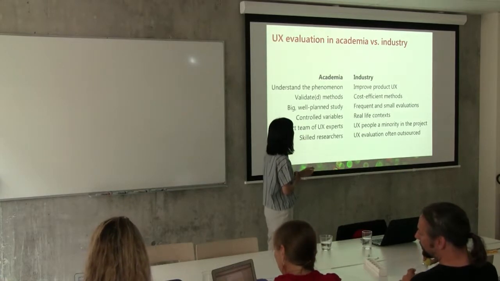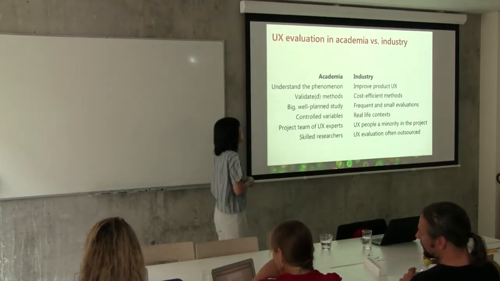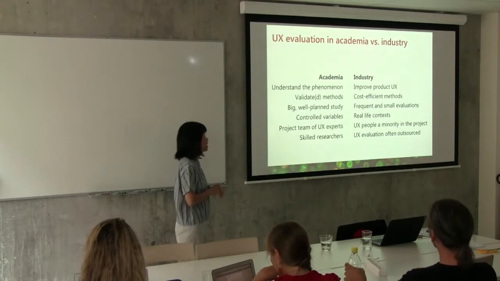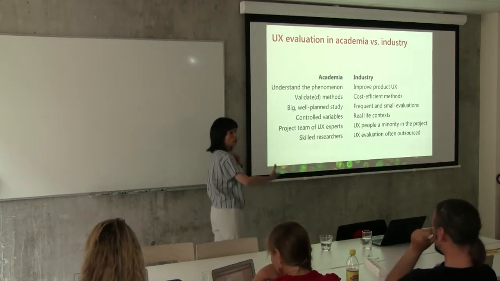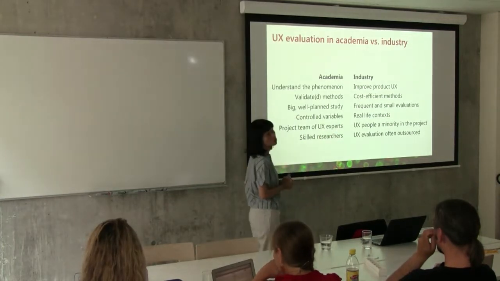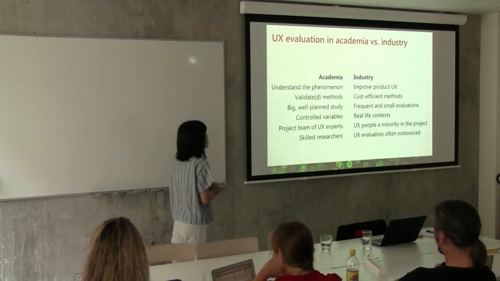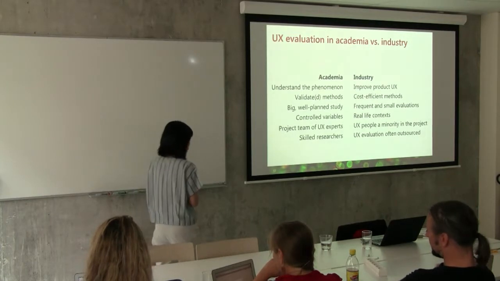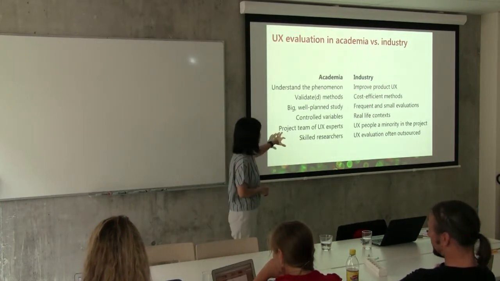Normally in academia we use controlled-variable studies in the lab, but more and more we move out to field studies. In industry, most of the time you want to see how the product is used in real life, so the real-life context is preferable.